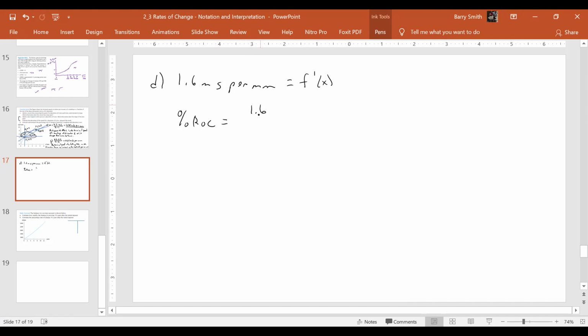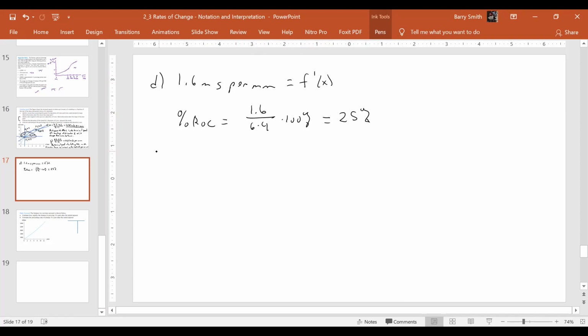So it's the 1.6 divided by, and what did we have for the thing? It was 6.4, I believe. And then we take that times 100. And so we have 1.6 divided by 6.4 times 100. So we get roughly 25%, it looks like. Okay. So that's a nice number. So that probably is what they had in mind.